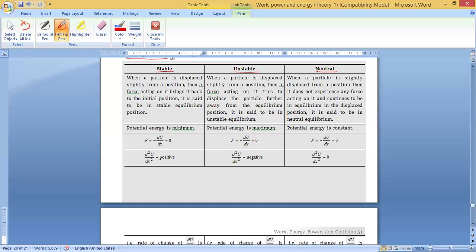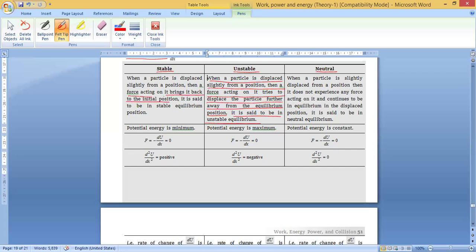Unstable: when a particle is displaced slightly from a position, and a force acting on it tries to displace the particle further away from the equilibrium position, it is said to be unstable equilibrium. In stable equilibrium, the force acting on it brings it back to the initial position.